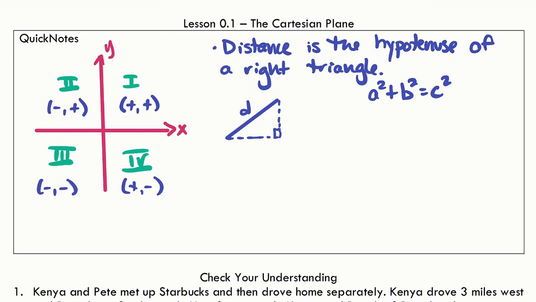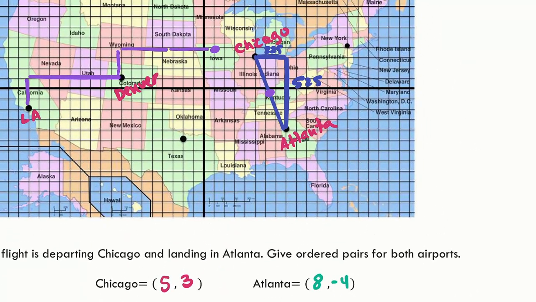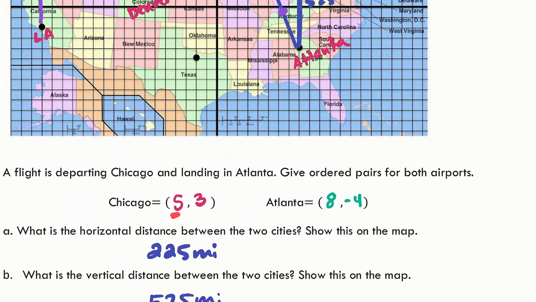All right, and your legs are a and b, so here's a. So let's say we needed this distance here, and we couldn't count units. If I wanted to find the distance between 5 and 8, what would you do with 5 and 8? That's how you find the average or the midpoint.